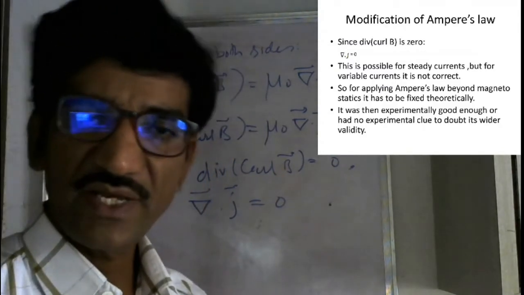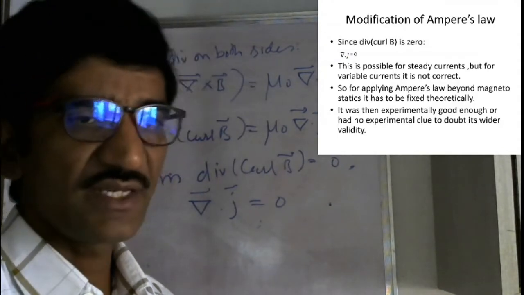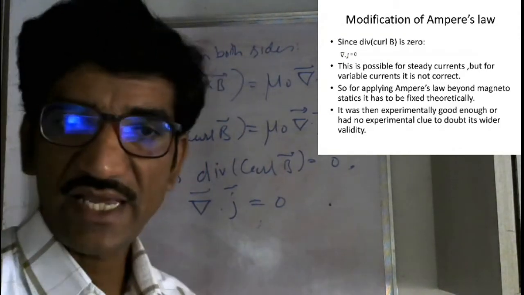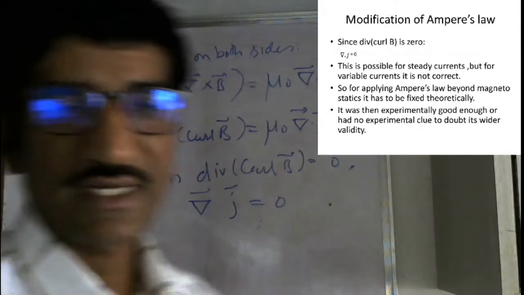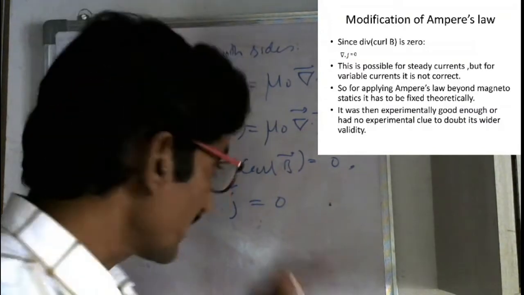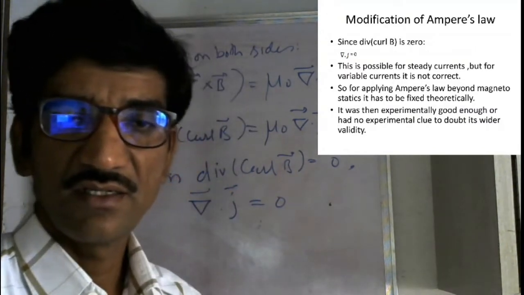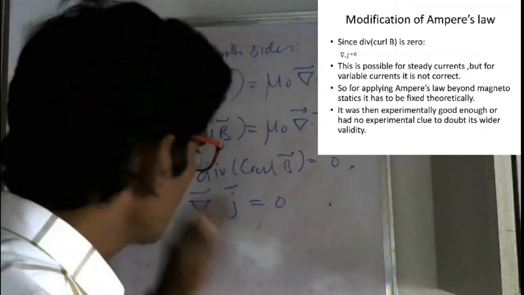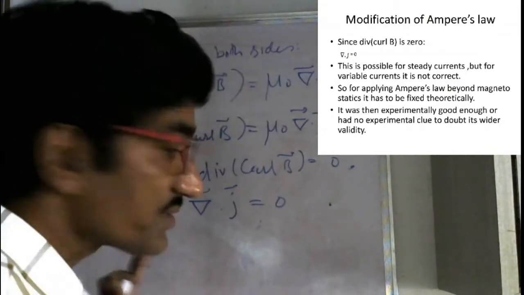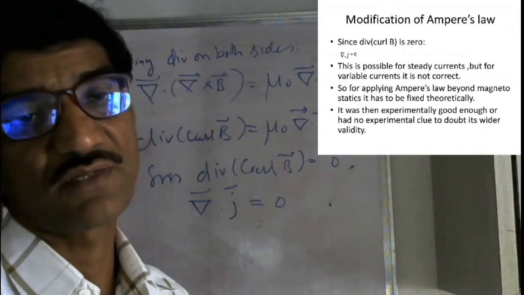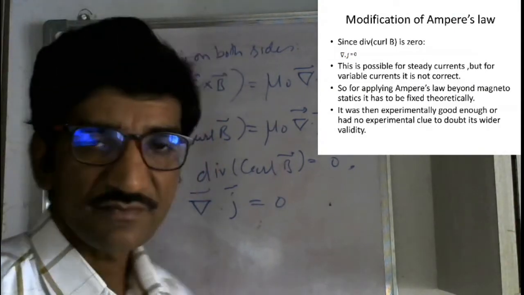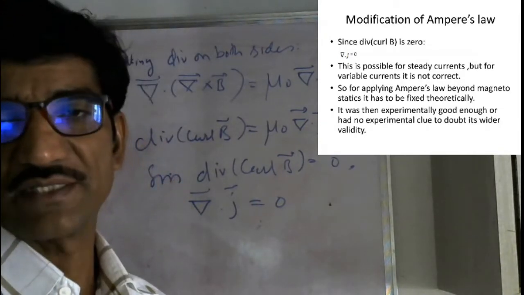The current may be varying also, and you may find varying currents in the universe. Whenever J represents a variable current, it never becomes 0. In case of steady current, it is okay. In case of non-steady current, it is not okay. This is the flaw we see theoretically in Ampere's law. So how to correct this?